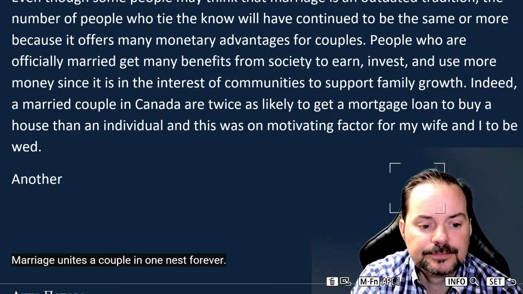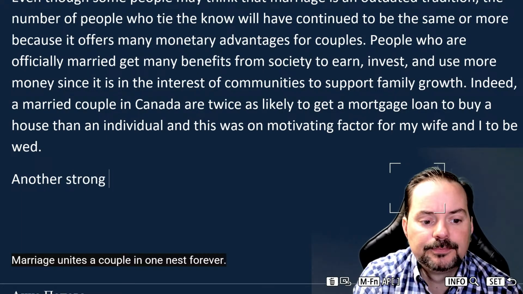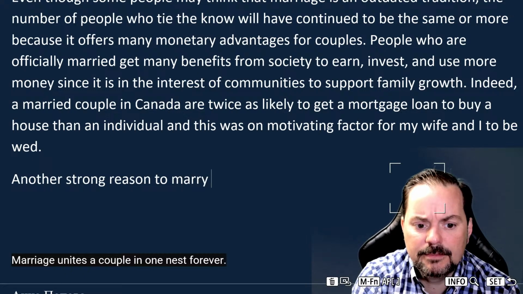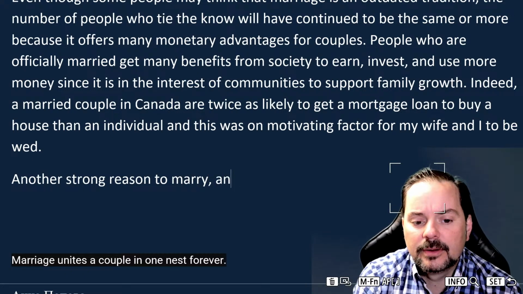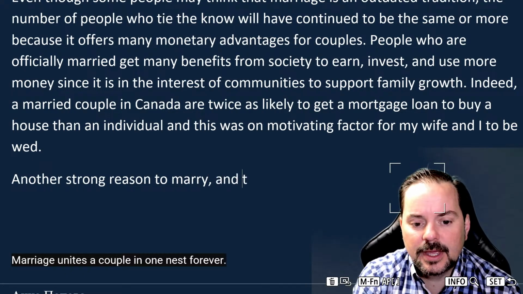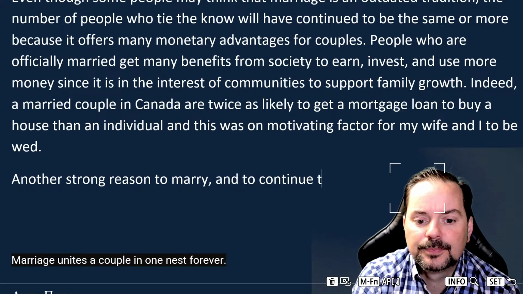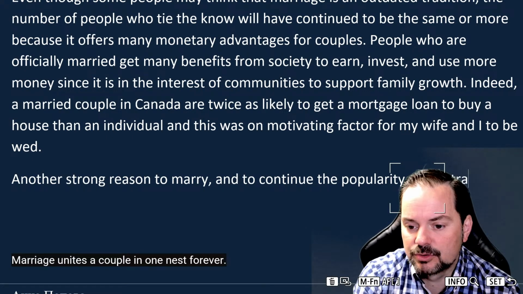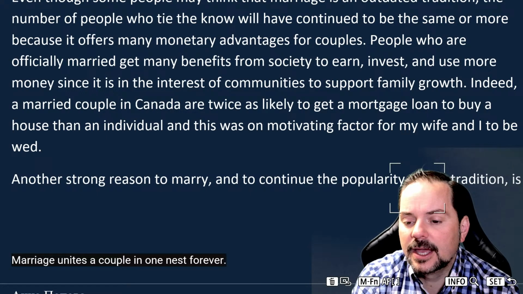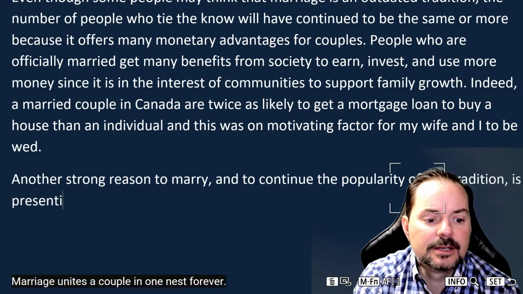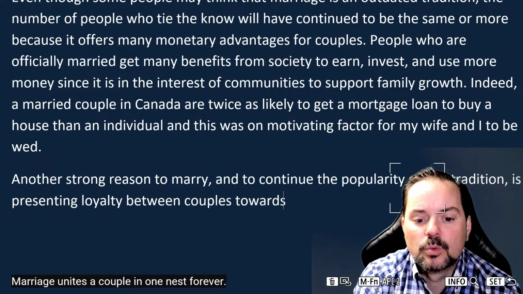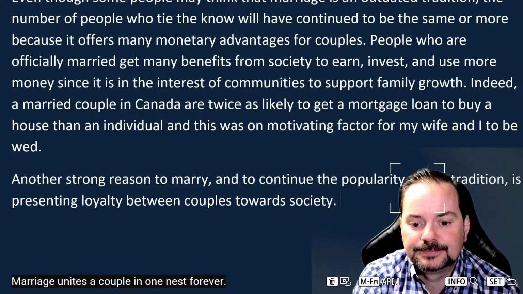Another strong reason to marry and to continue the popularity of this tradition is presenting loyalty between couples towards society.